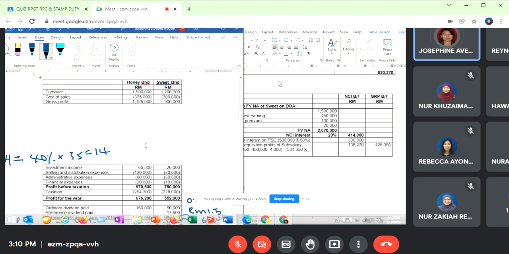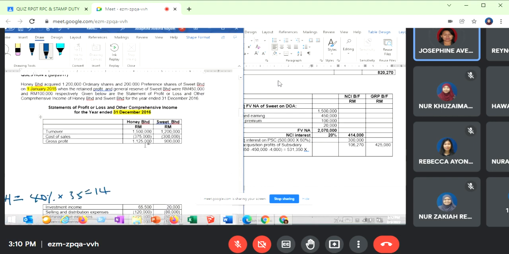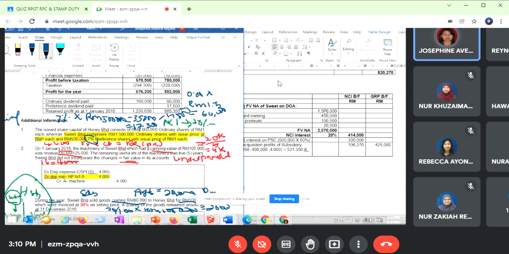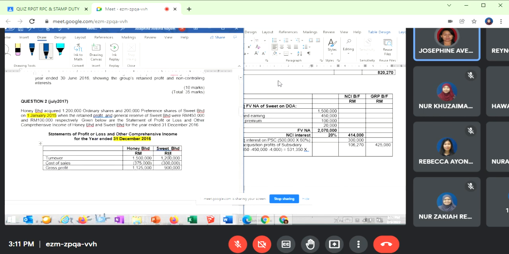So let's go back to the question. The ordinary share capital of Suite is 1.5. The retained profit of Suite is 450.